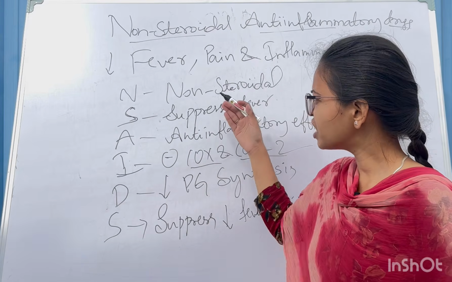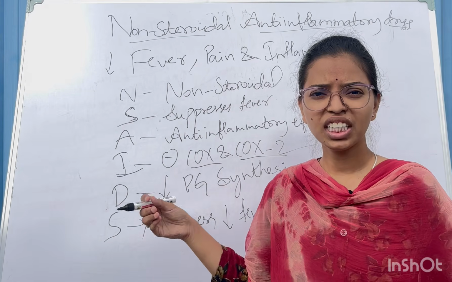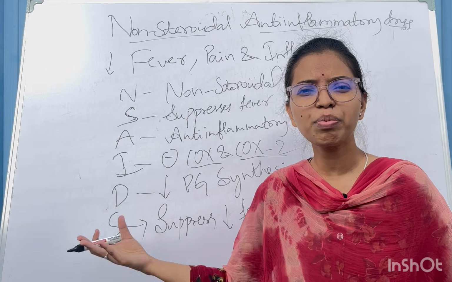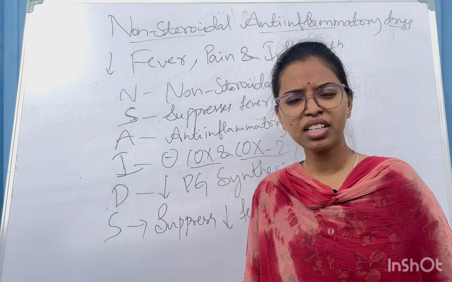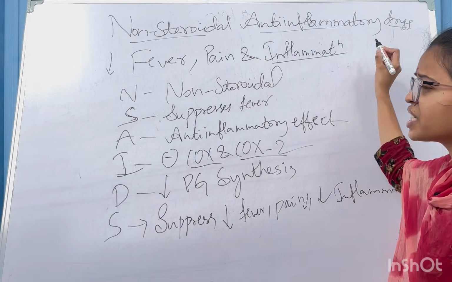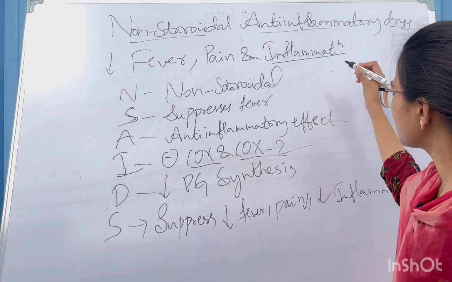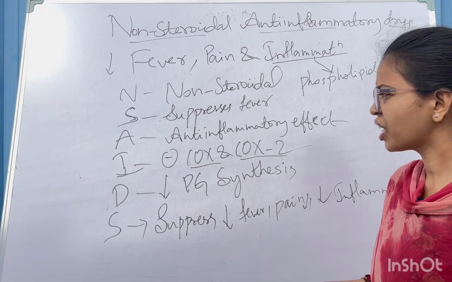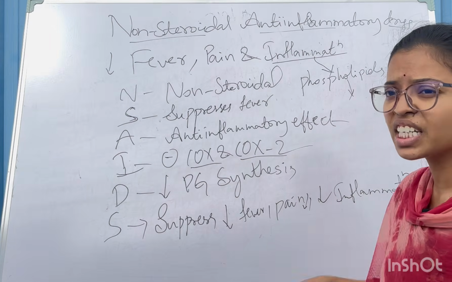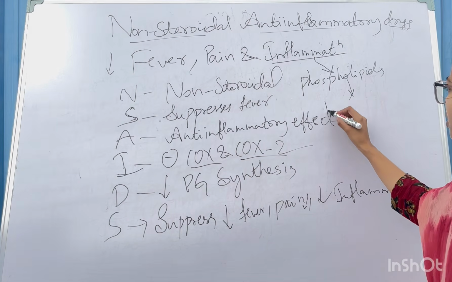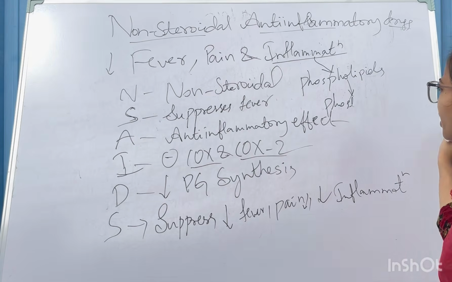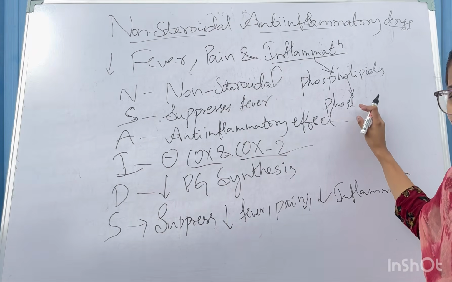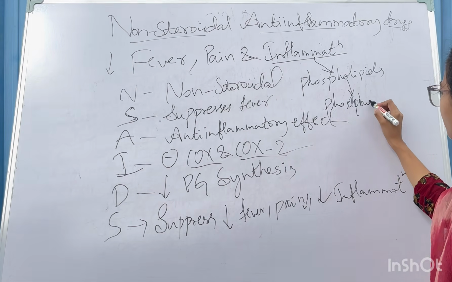When the tissue gets inflamed, it produces phospholipids in the cell. Those phospholipids lead to the synthesis of the phospholipase enzyme.